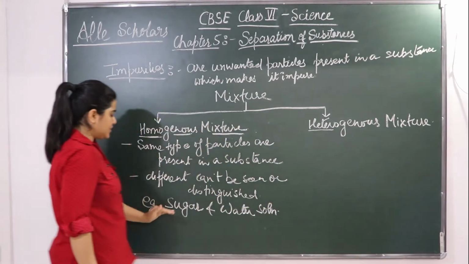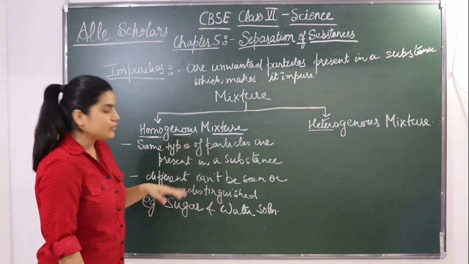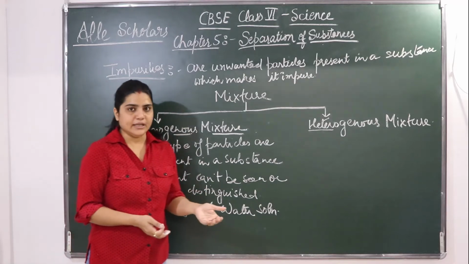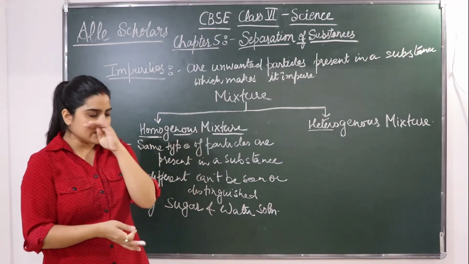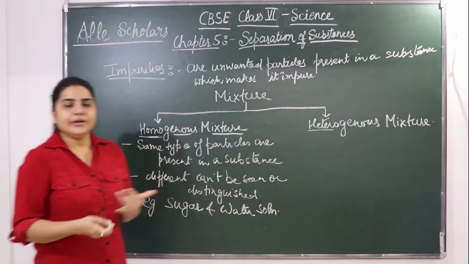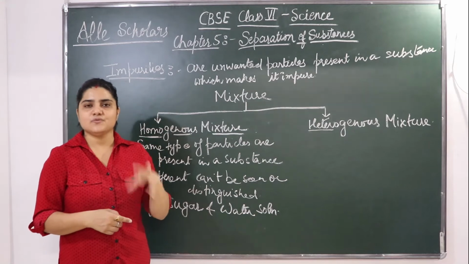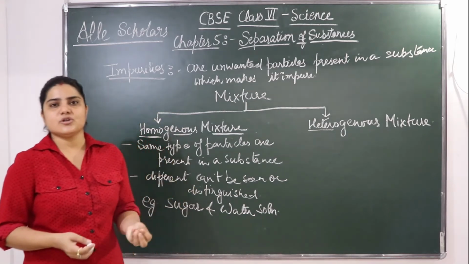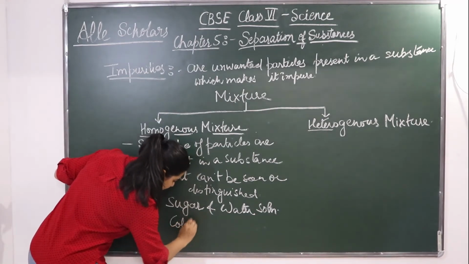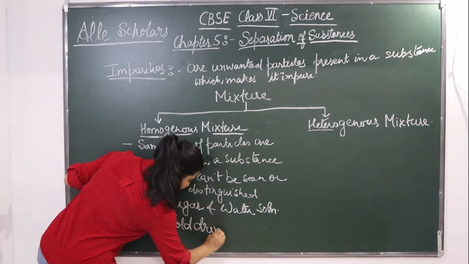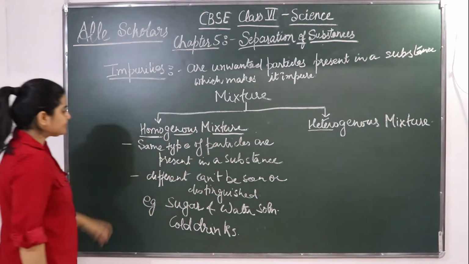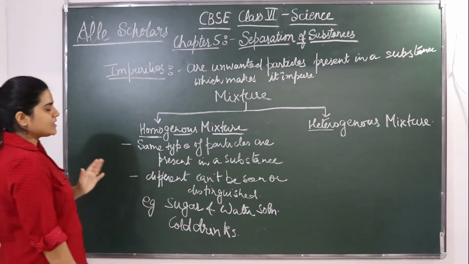You can only see water, you can't see sugar. Then comes cold drink. Cold drink has soda and so much salt and so many constituents. So in cold drinks also, different particles of the substances cannot be seen. Okay, so this is a homogeneous mixture.